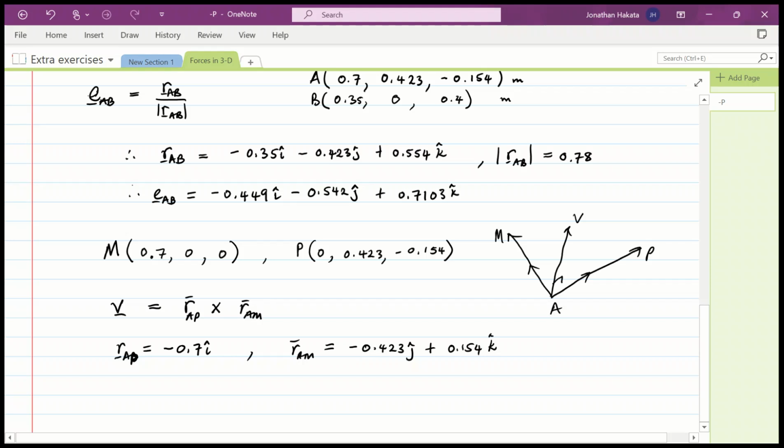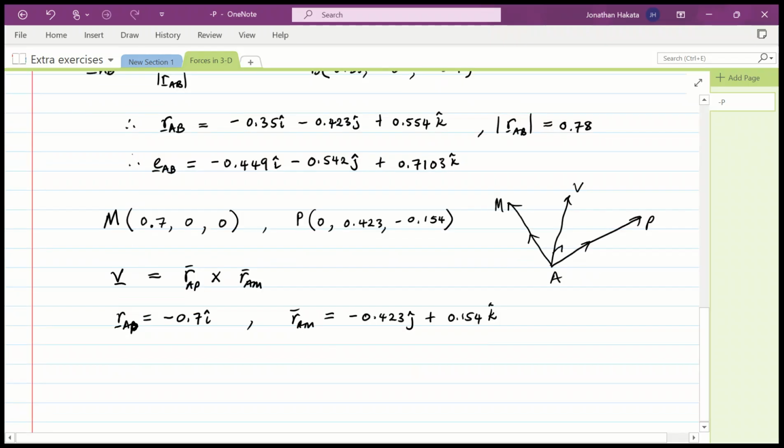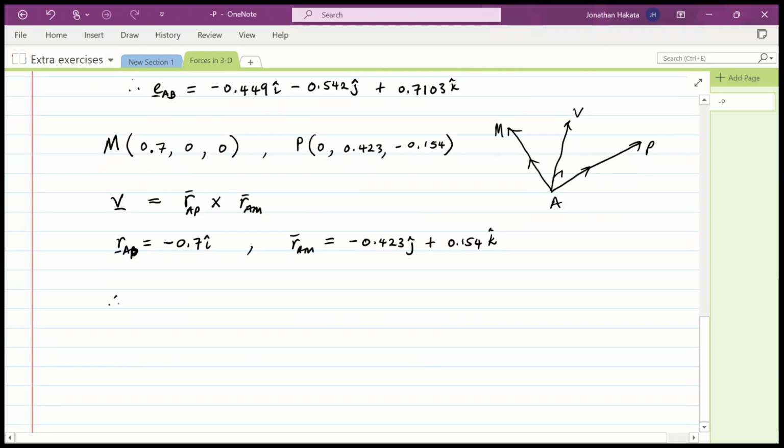All right. So having found these two, we can now say therefore our vector V is equal to the cross product, I, J, K in determinant format, if you want to call it that way. So RAP crossed to RAM.